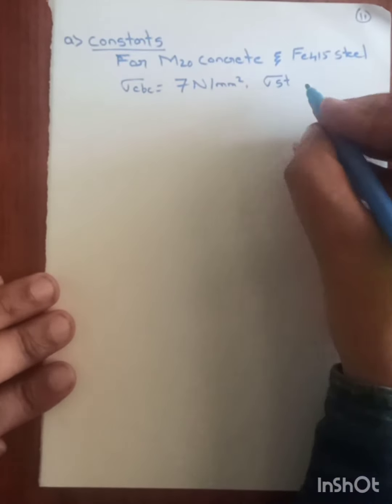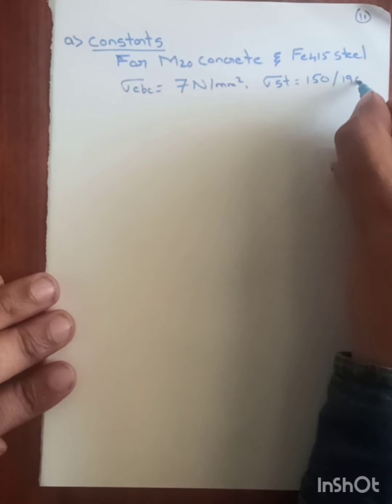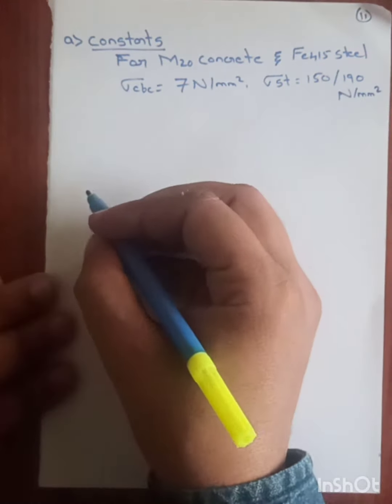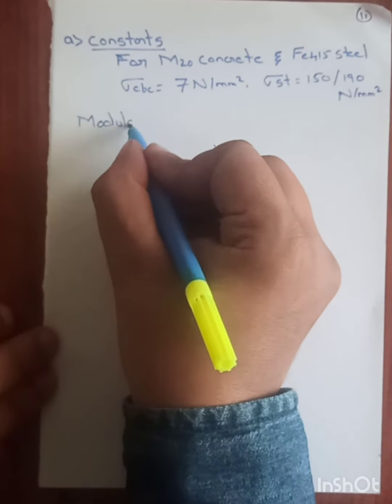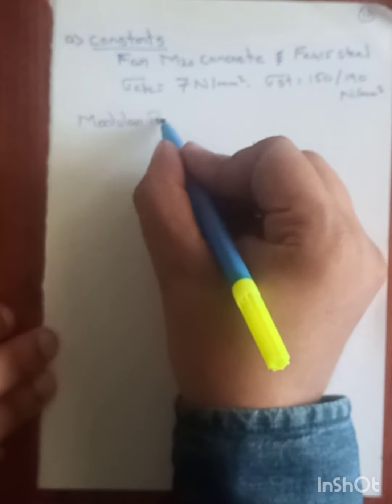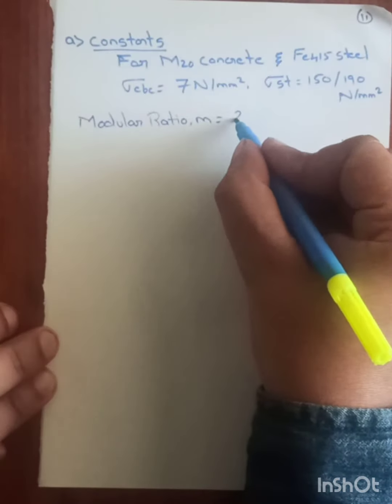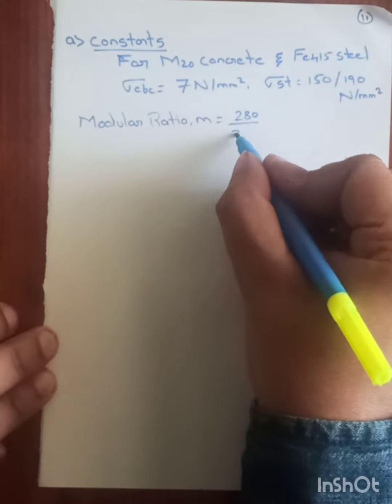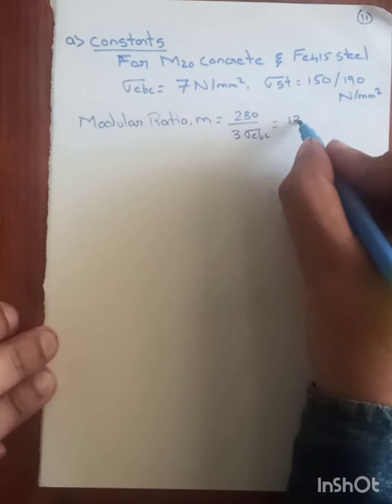Sigma ST is 150 or 190, depending upon where we are providing the reinforcement, Newton per mm square. Modular ratio m is 280 by 3 times sigma CBC, which comes around 13.33.